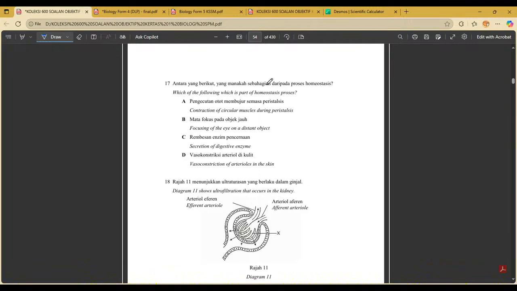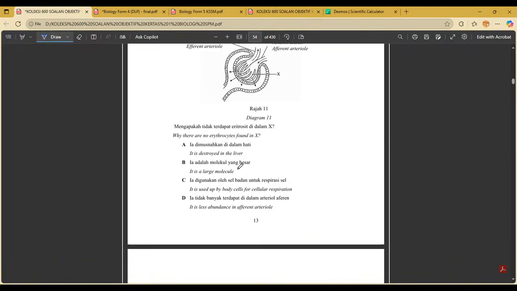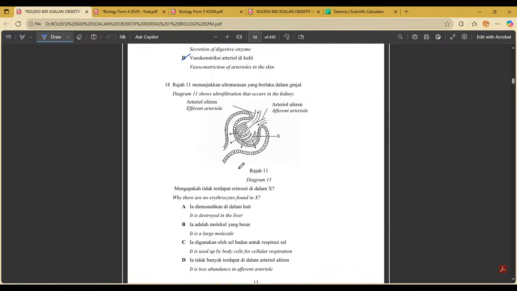Okay, which of the following is a part of homeostasis? Vasoconstriction of arterioles in this case. 17 here. Diagram 11 shows ultrafiltration that occurs in the kidney. Why are no erythrocytes found in X? What's X?